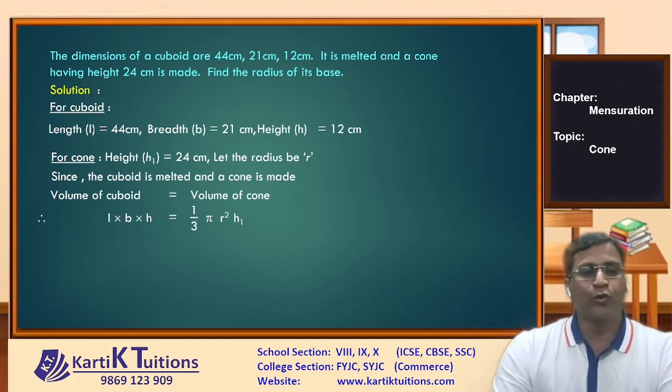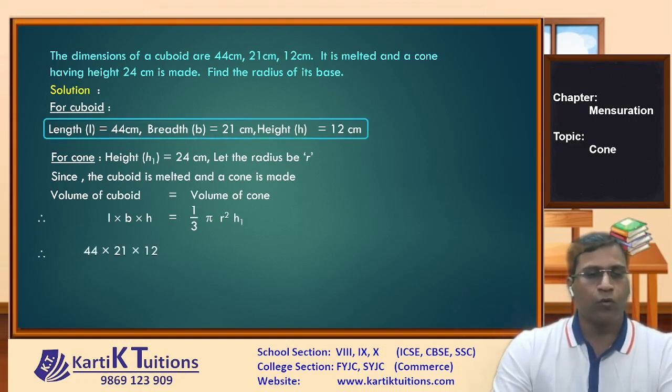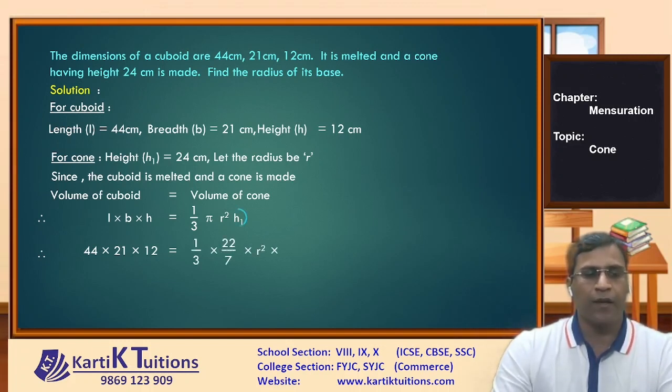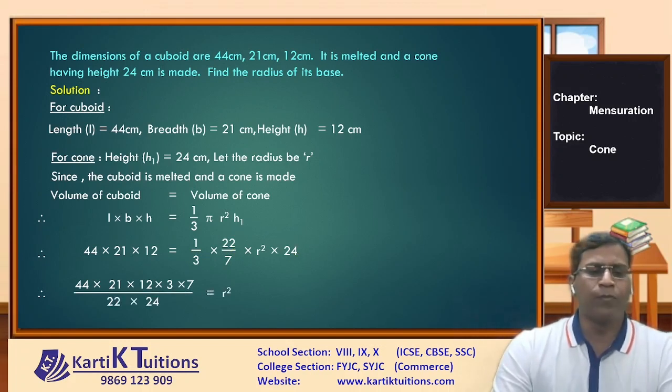Now here, let us substitute the value. So it is 44 into 21 into 12 is equals to 1 upon 3 into 22 upon 7 into r square into 24. Now r square तिकडे, बाकी सगळं इकडे. So it will become 44 into 21 into 12 into 3 into 7 upon 22 into 24 is equals to r square. बस अभी खाली simplify करना है.